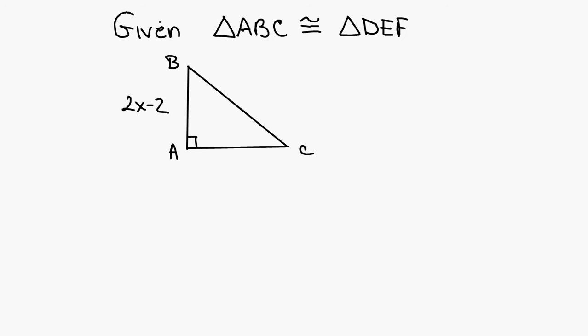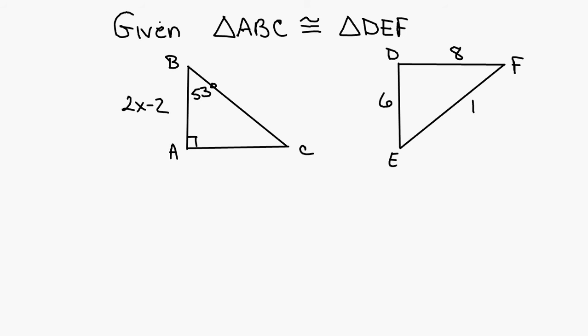Angle B is 53 degrees. Triangle DEF is rotated. And let's say that D to E is 6, D to F is 8, and E to F is 10.